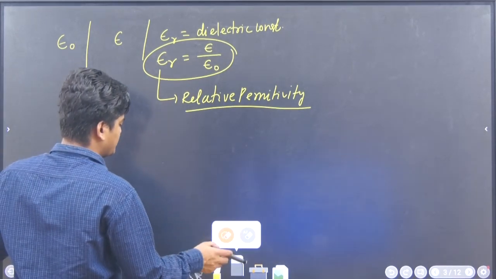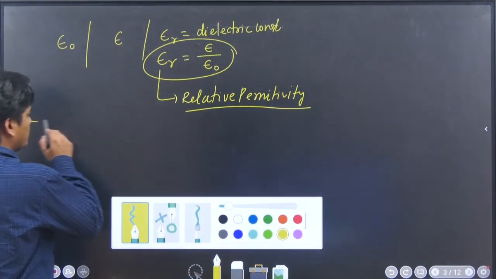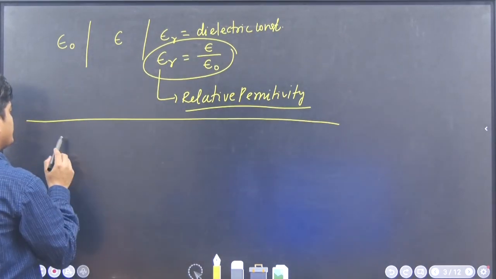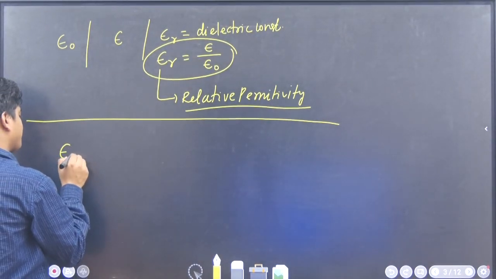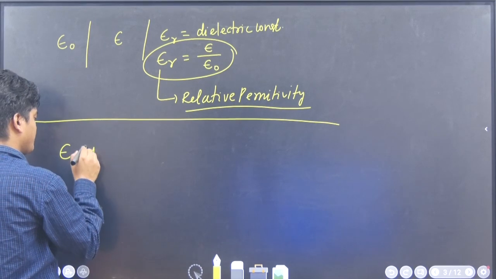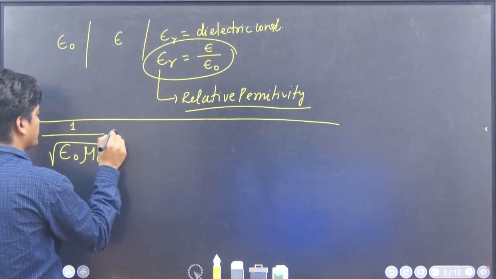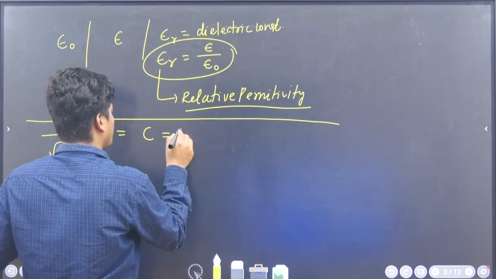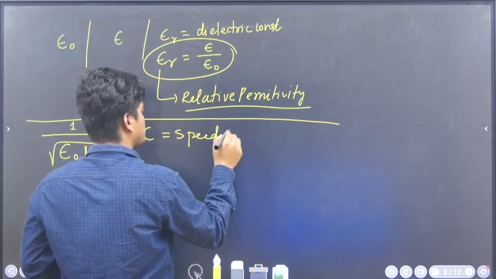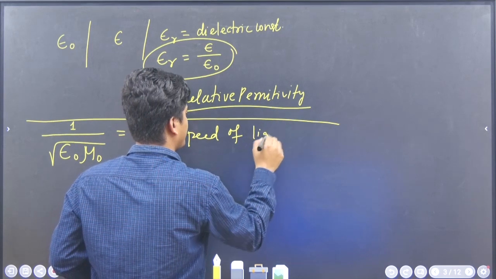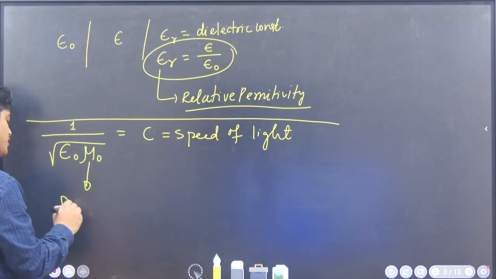Now the next thing understand about this epsilon naught little. So here if epsilon naught and mu naught, root I will take and reciprocal I will take, then this will give you speed of light. This will give what? Speed of light. Mu naught is permeability of free space.